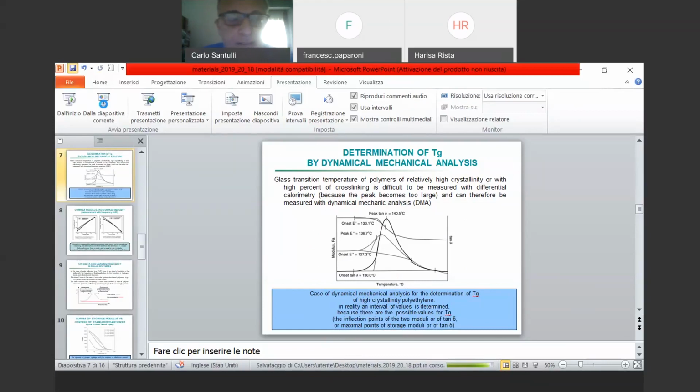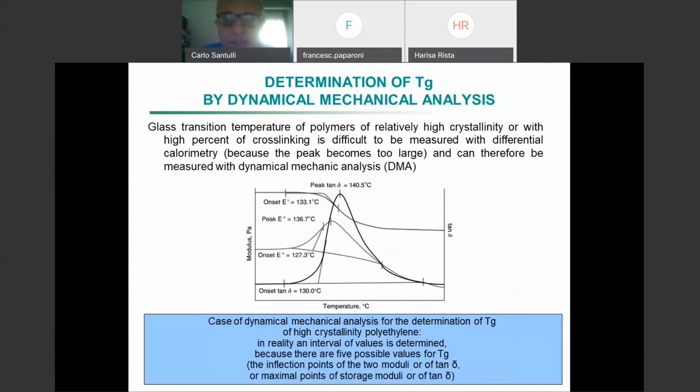Okay, we resume what we were saying, with this determination of TG by dynamical mechanical analysis.